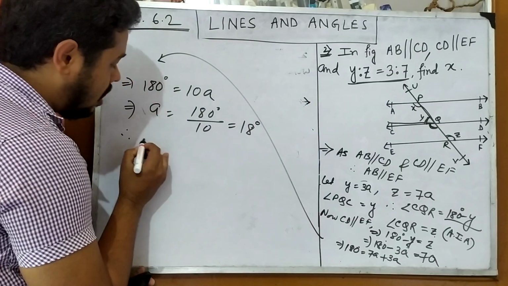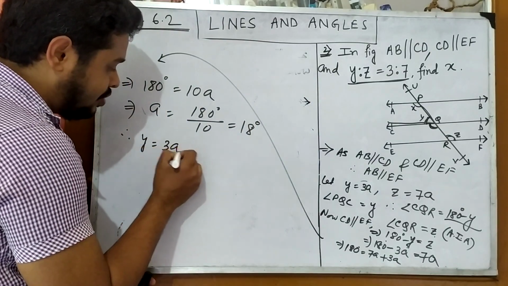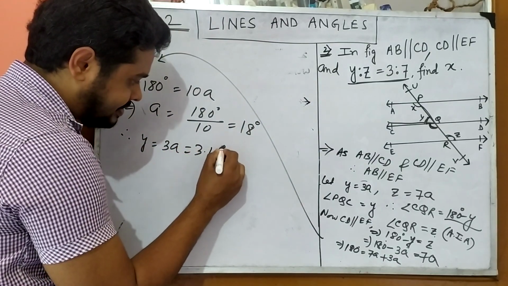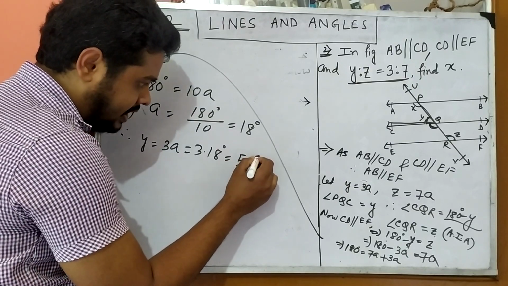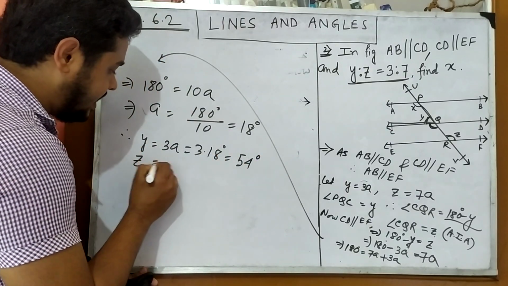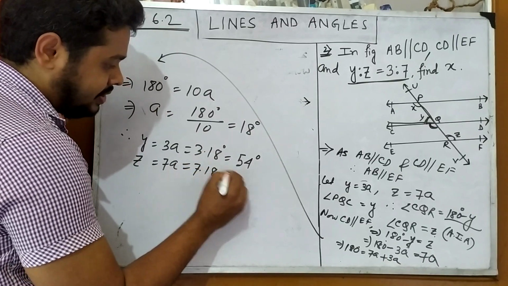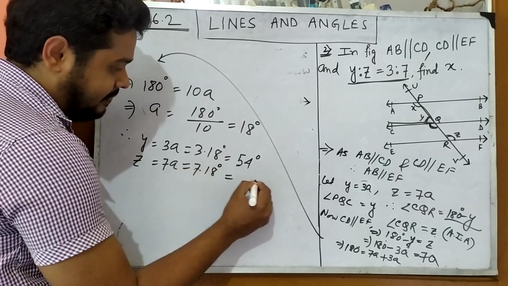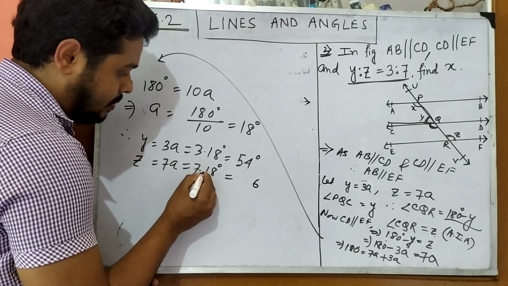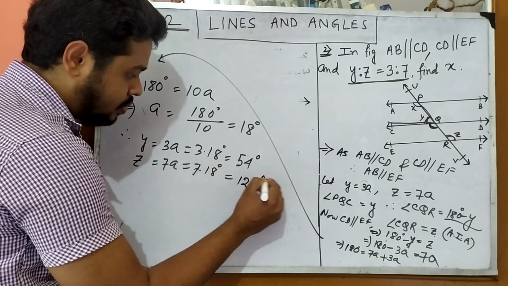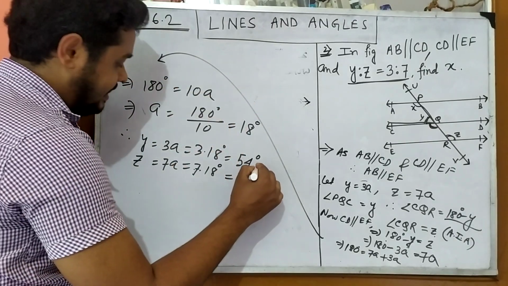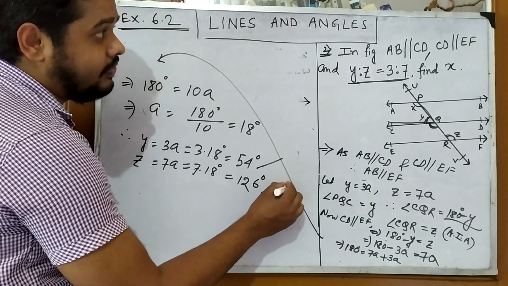Therefore the value of y is 3a, 3 into 18, that is 54 degrees. And the value of z is 7a, 7 into 18, that is 126 degrees. So that is the value of y and that is the value of z.